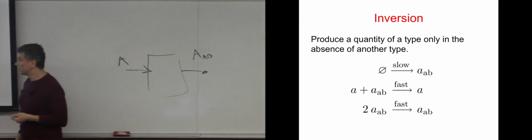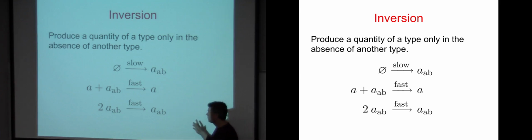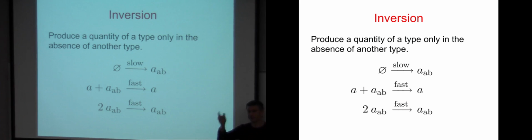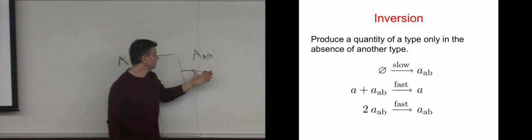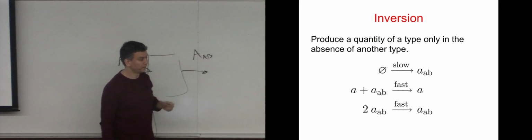The way this works is, as part of my system, I'm going to have some source that continuously produces AAB. Think of it as a gun, a sputter gun, that's constantly spitting out AAB, just always. So it means that AAB naturally will tend to accumulate. So over time, I'll have a lot of AAB.